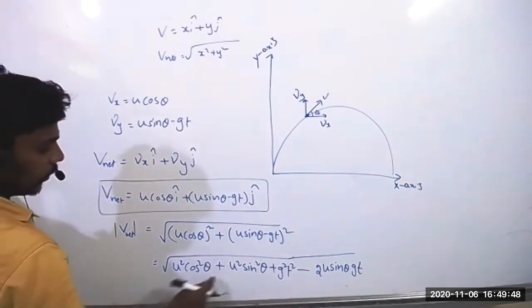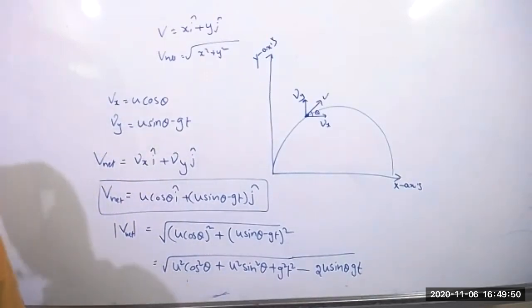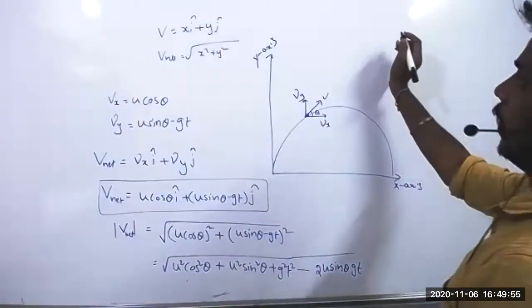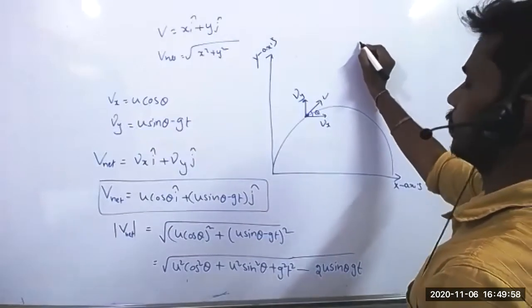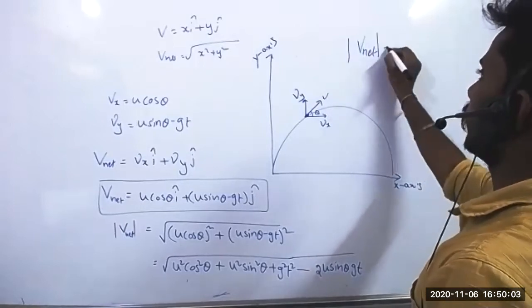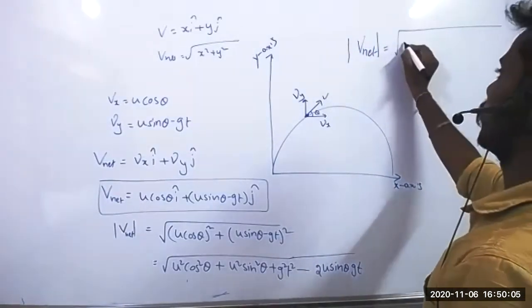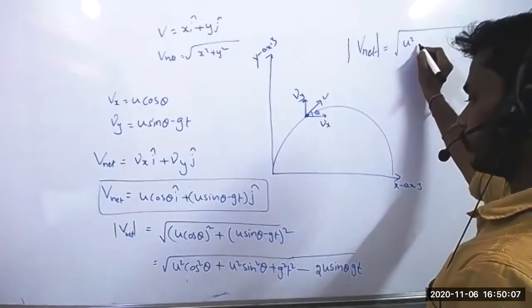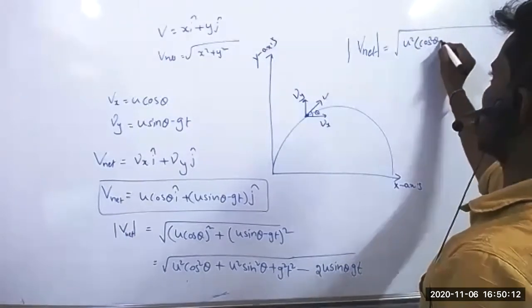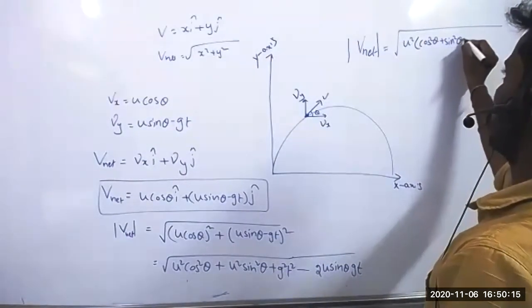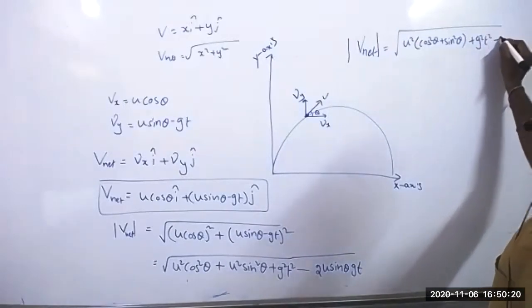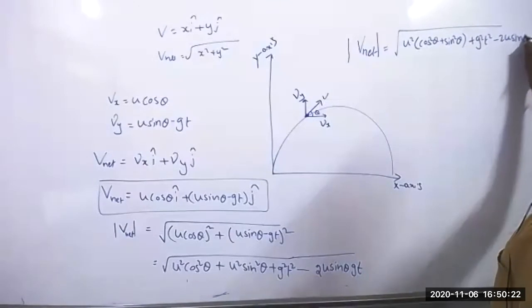From this I can take u square common, right? Yes, sir. If I take u square common, v net, the magnitude form, equals root over u square times (cos square theta plus sin square theta) plus g square t square minus 2 u sin theta into gt.